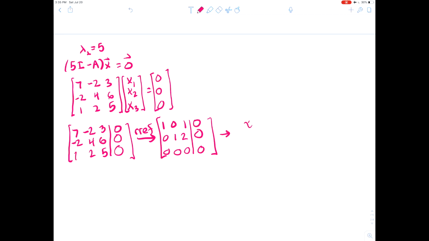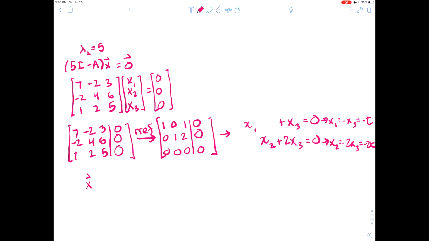So this gives us x1 plus x3 is 0, x2 plus 2x3 is 0. So x1 equals negative x3, and if x3 is t, that would give us negative t. And x2 would be equal to negative 2x3, so negative 2t.